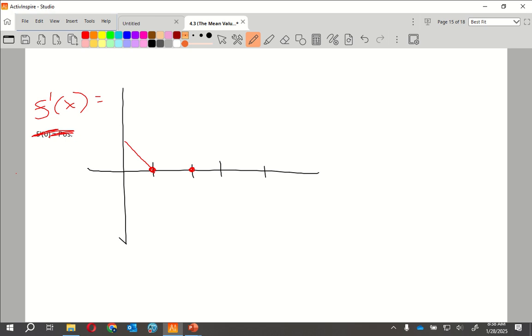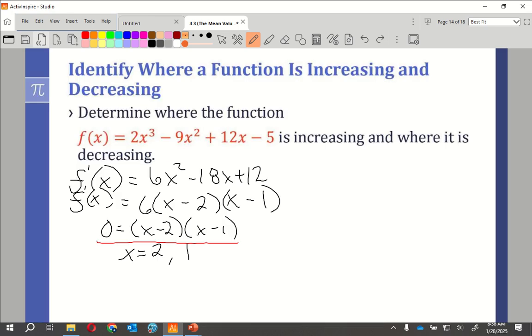Next one. In between, that would be like a 1.5. F prime of 1.5. So if it's 1.5, that would be a negative, right?